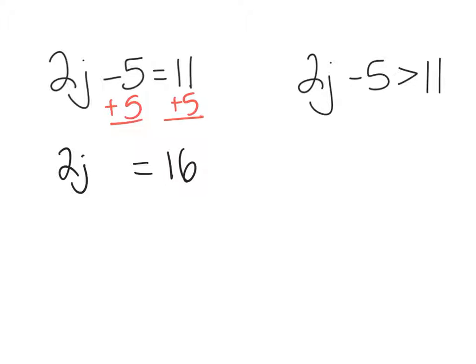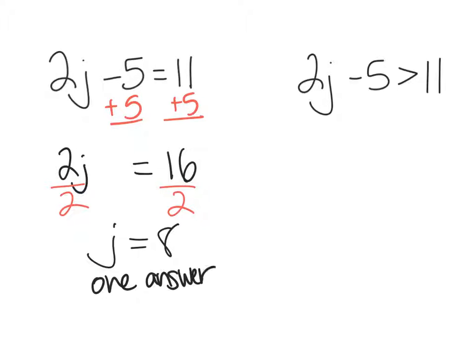Okay, divide by 2. Okay, this means that there's only one answer. 8 is the only number that you could plug back into the original and make J equal 11. 8 is the only answer that will work.